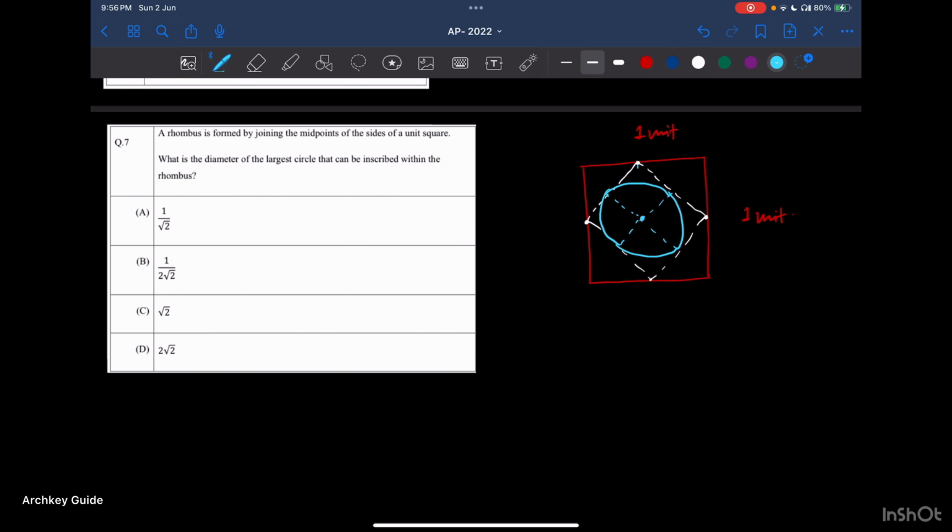Yeah, so this is the circle, and what they have asked is the diameter. Okay, they've asked for the diameter.